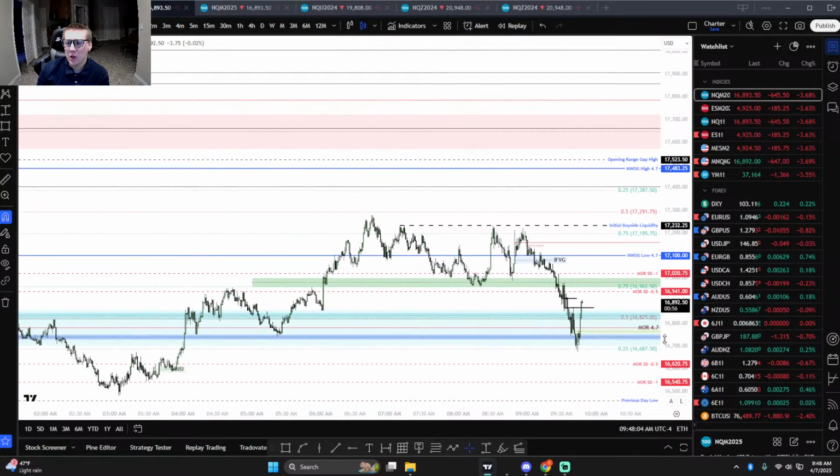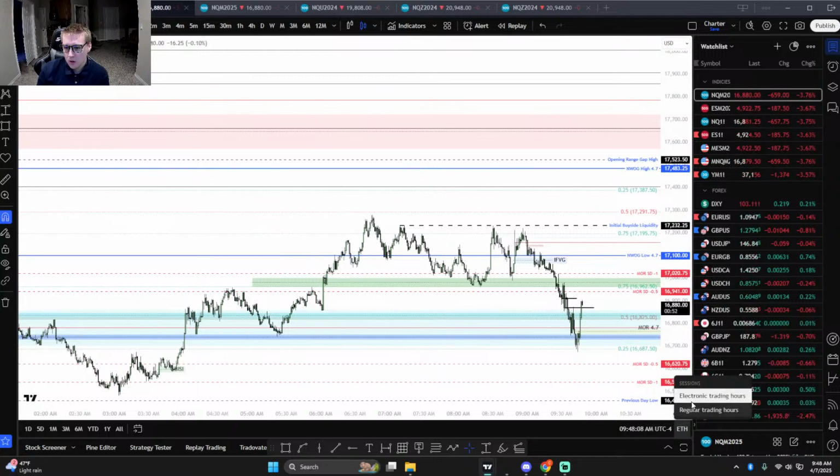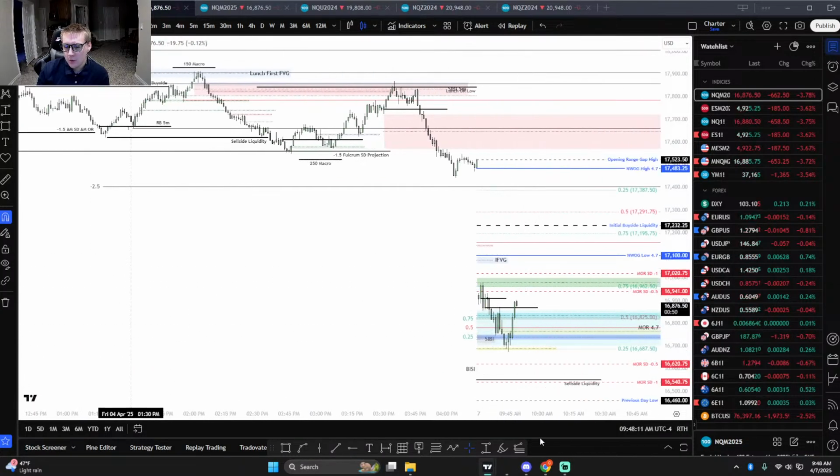I don't really want to get opening range gap constant encroachment. I mean, I might as well. Let's get that opening range gap constant encroachment level.